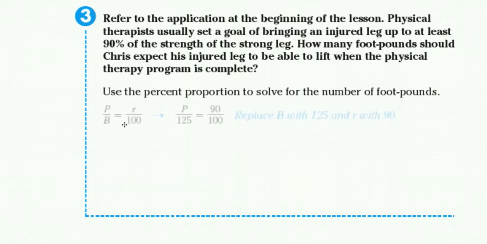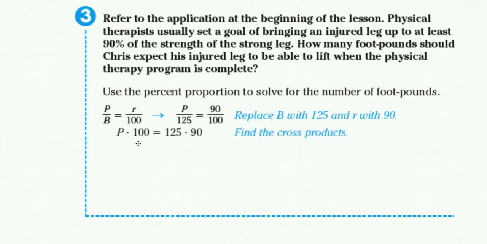Okay, so we set up our percent proportion, P over B equals R over 100, and in this problem we are looking for the percentage. We're looking for the percentage because this is the strong leg, and it should be 90% of the strong leg. So we replace B with 125 and R with 90, and we use cross products.